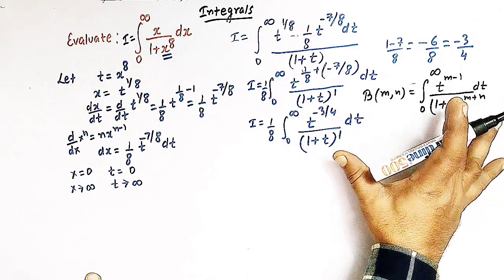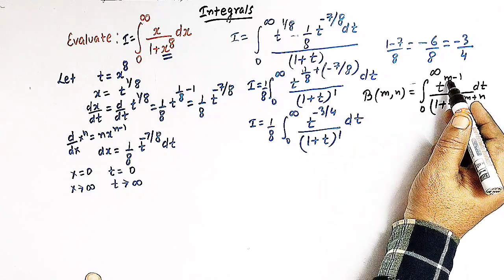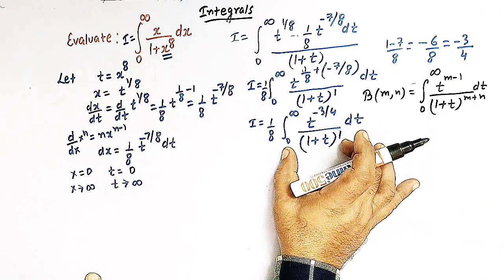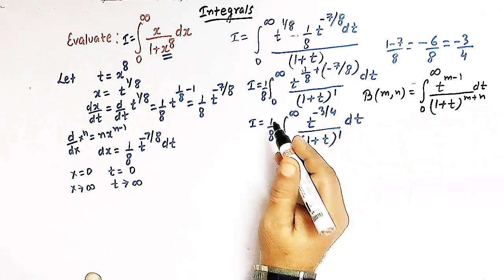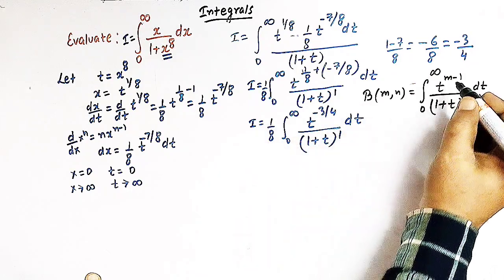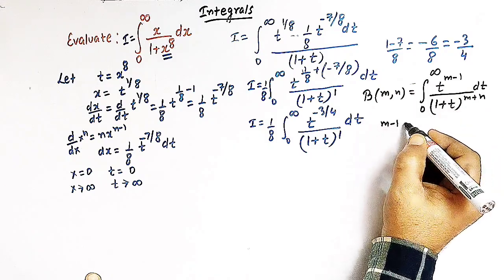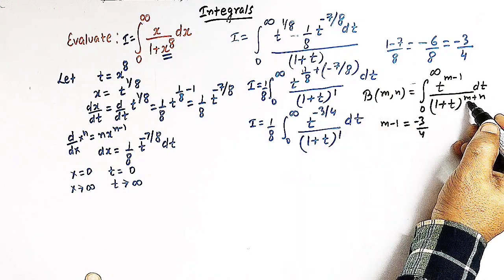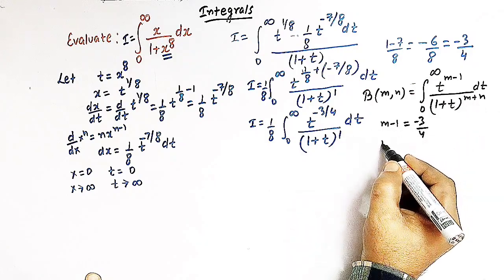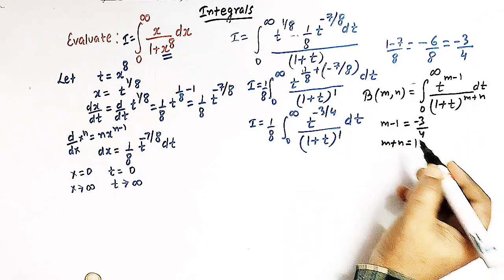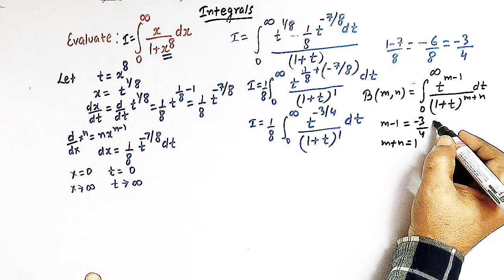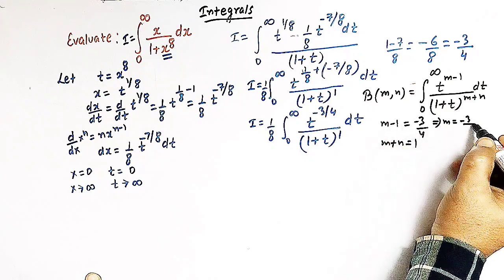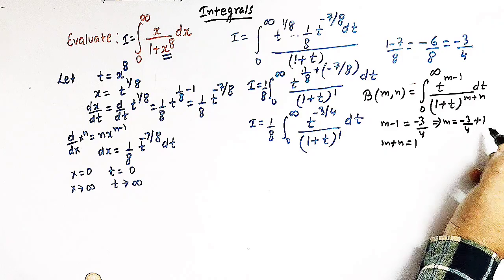So here our aim is to find out the values of m and n. So comparing this integral with this one, leaving 1 over 8, so we have m minus 1 is equal to minus 3 over 4, and m plus n is equal to 1. So we have two equations. So from this we can now write m is equal to minus 3 by 4 plus 1.